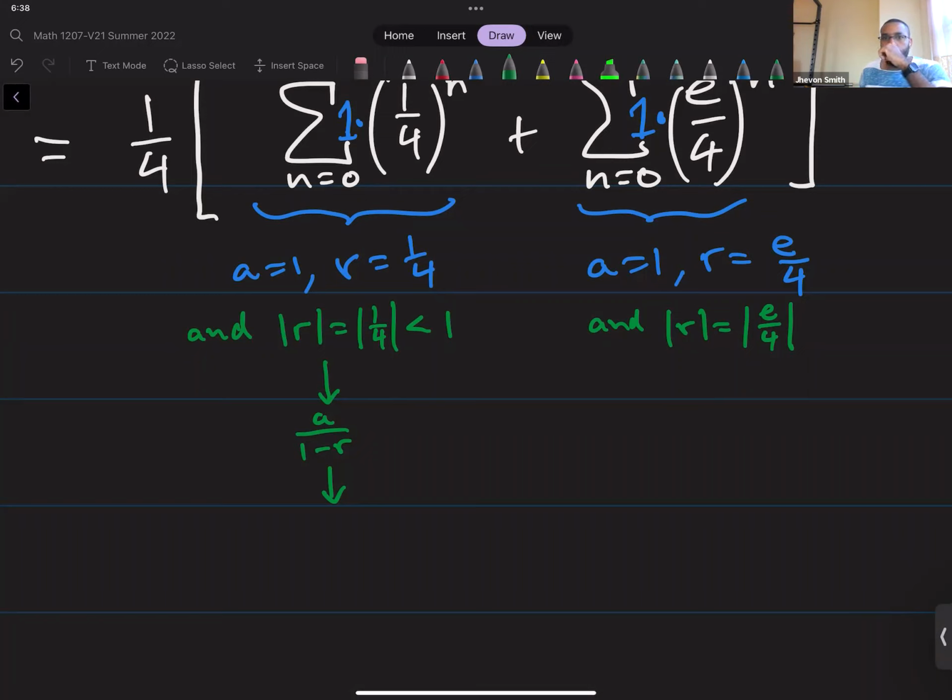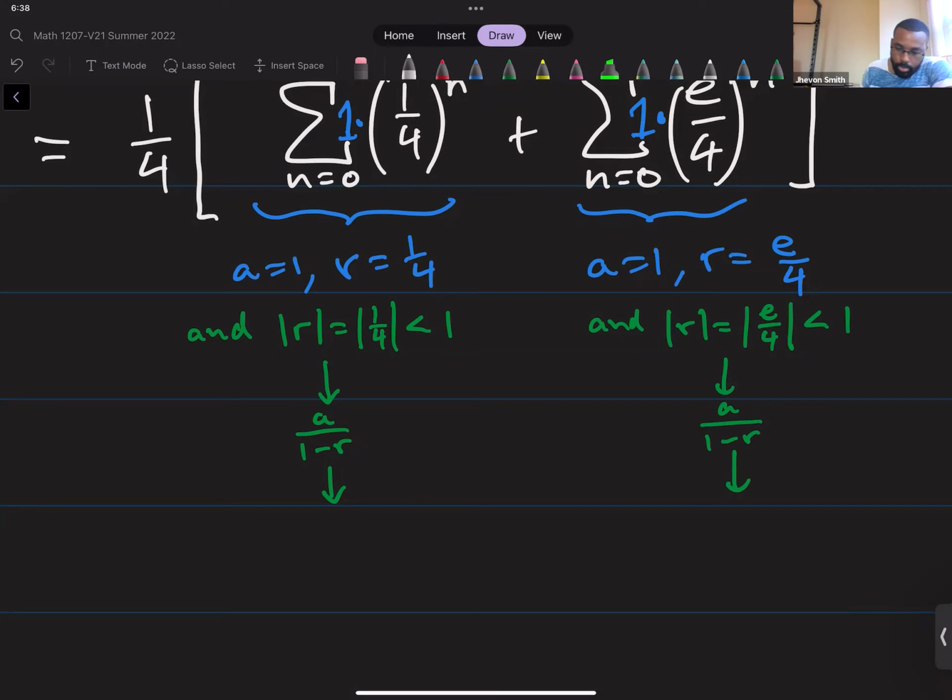You remember what e is roughly? I think it's just above 2. Right, so e is 2.718, right? So you have 2.7 divided by 4, that is going to be less than 1. So this also will converge to a over 1 minus r.